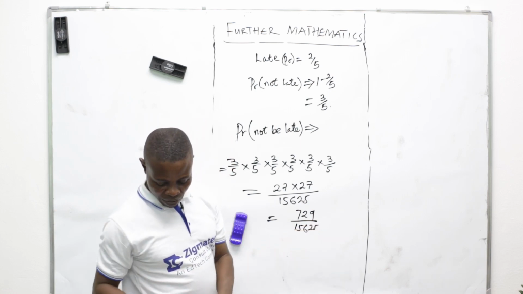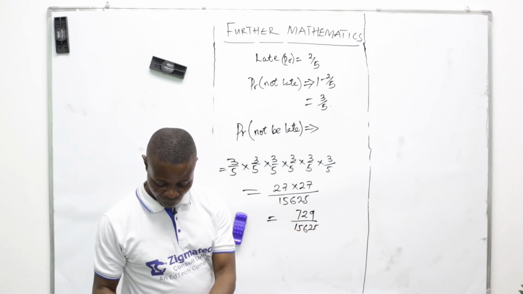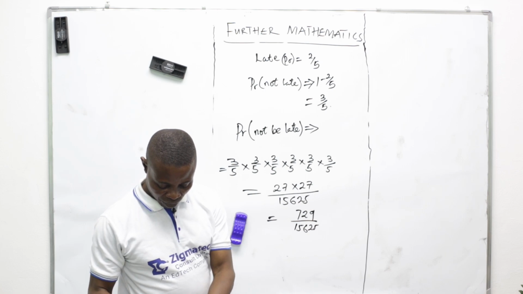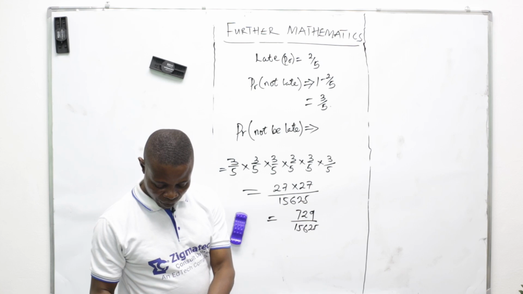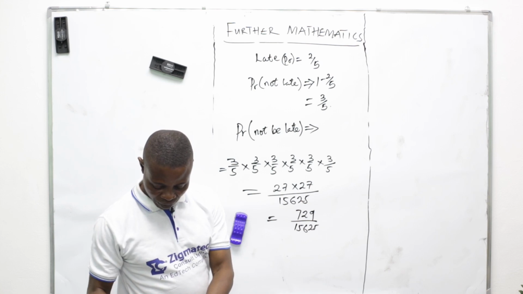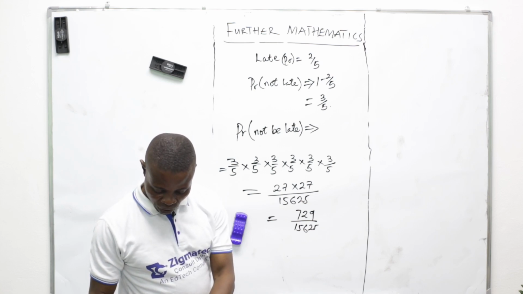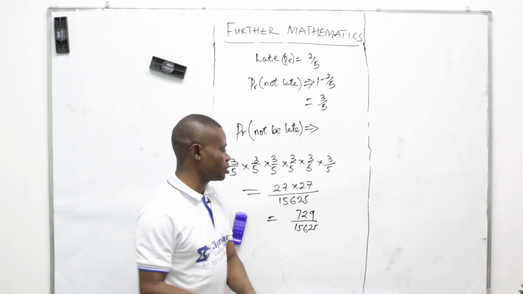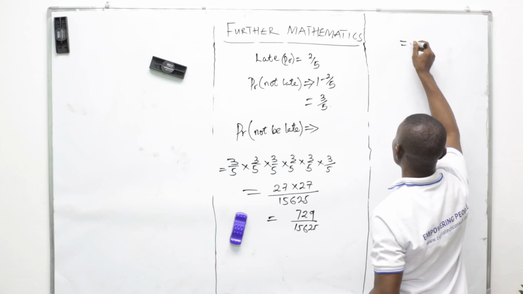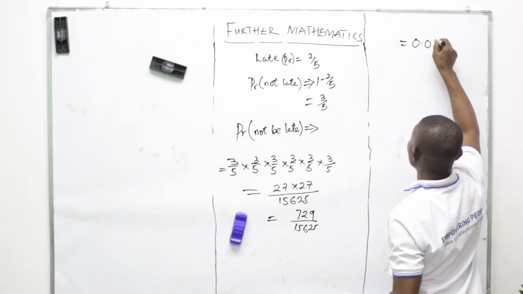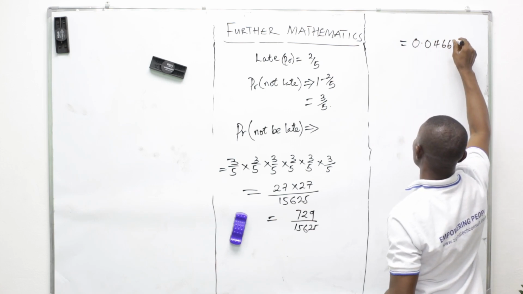Let me break it down because the instruction was given. 729 over 15,625 is 0.046656.